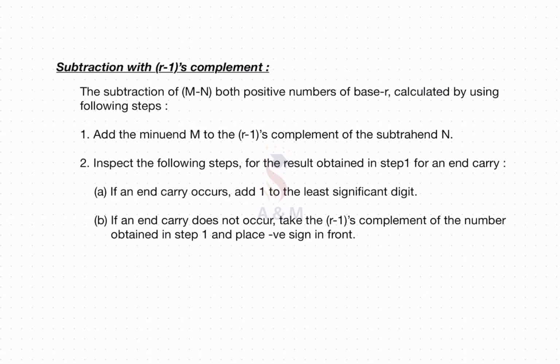It is also known as end around carry. B. If an end carry does not occur, take the r minus 1's complement of the number obtained in step 1 and place a negative sign in front.